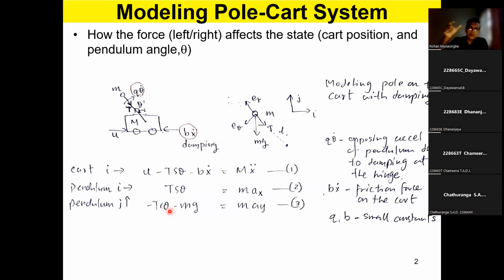In addition to that, its own weight is there, mg, which is also acting downward, minus mg, is equal to simply m times ay, which is the acceleration upwards. Okay. So we have two accelerations, ax and ay, which are the accelerations along the x direction and y direction of the pendulum.